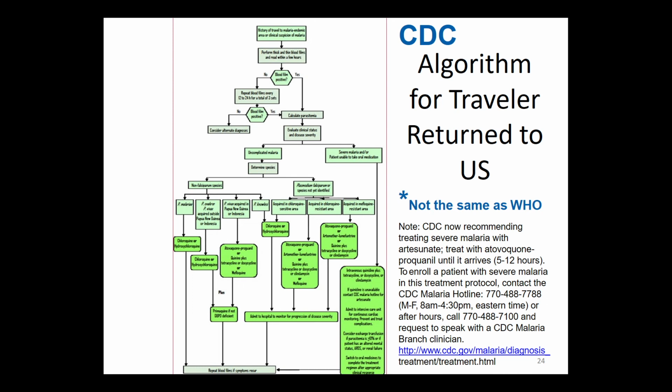Admit to the intensive care unit for continuous cardiac monitoring, prevent and treat complications. Consider exchange transfusion if parasitemia is more than 10%, or if the patient has altered mental status, ARDS, or renal failure. Switch to oral medicine to complete the treatment regimen after appropriate clinical response. And in all these cases, repeat blood films if symptoms recur.